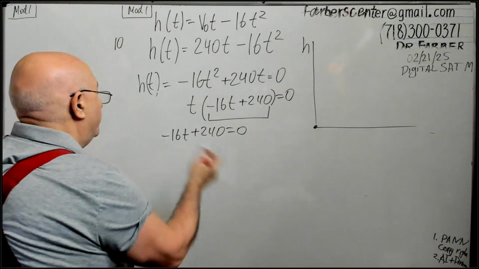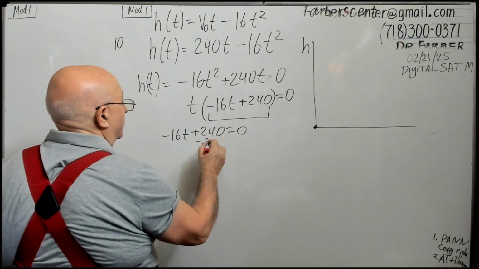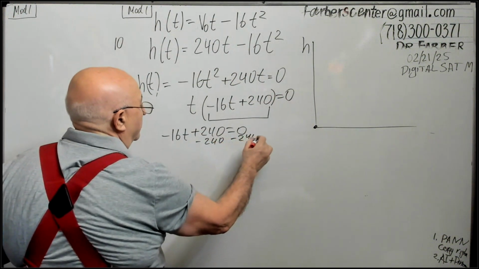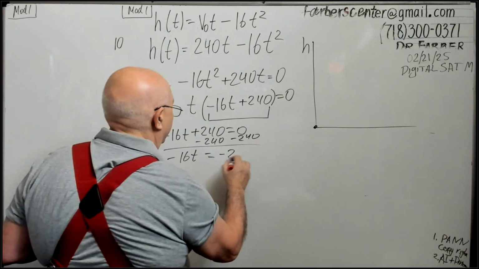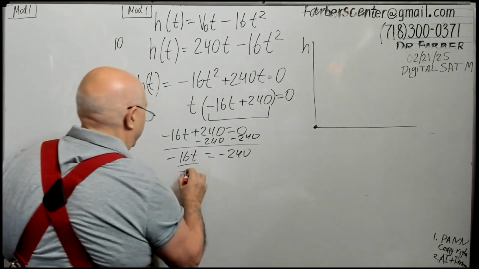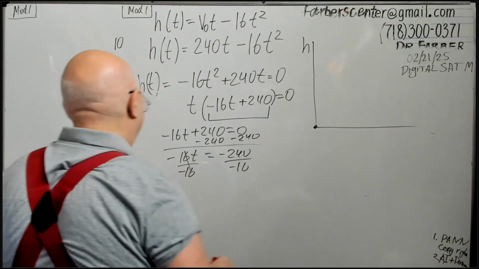When you solve it, minus 240 both sides, then negative 16t equals negative 240. When you divide both sides by negative 16, you get, I believe, 15, right? 15.